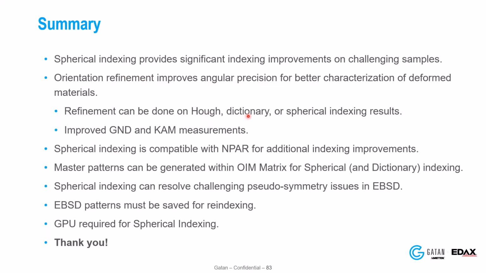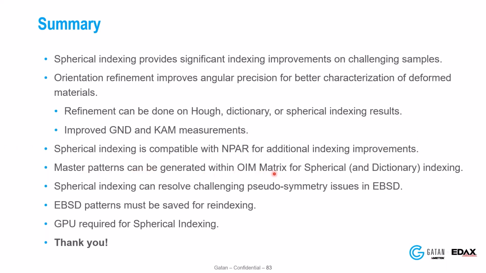It can be done on Hough, dictionary, or spherical indexing results. We can get improved geometrically necessary dislocation and CAM measurements. Spherical indexing is compatible with NPAR. I've tried to show some examples of where they can be used in combination with each other for looking at samples that aren't necessarily perfectly prepared or are rough.